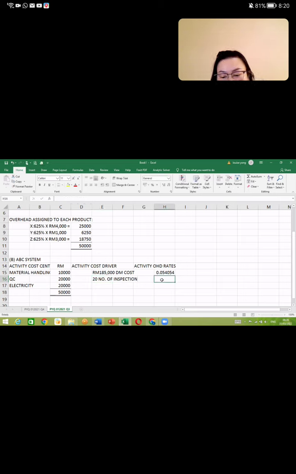Okay, so after that, use your 20,000 here, divided by 20. So 1,000 per inspection. Electricity, also add everything up: 50,000, 200,000, 150,000.